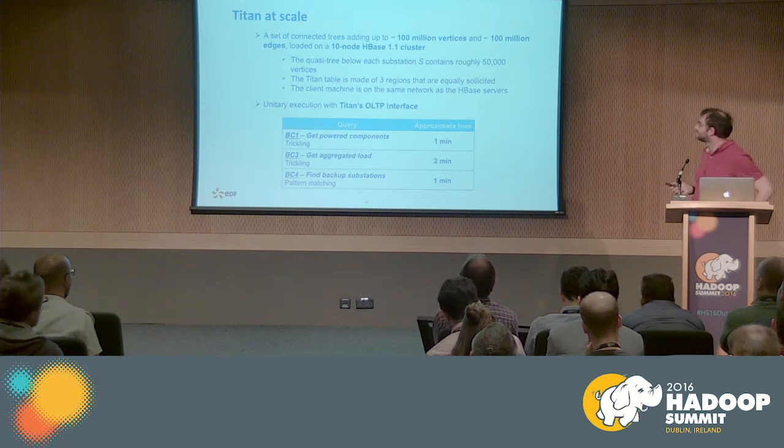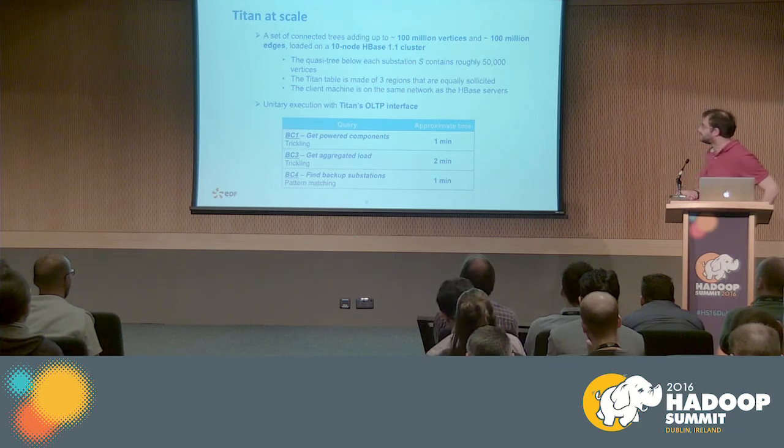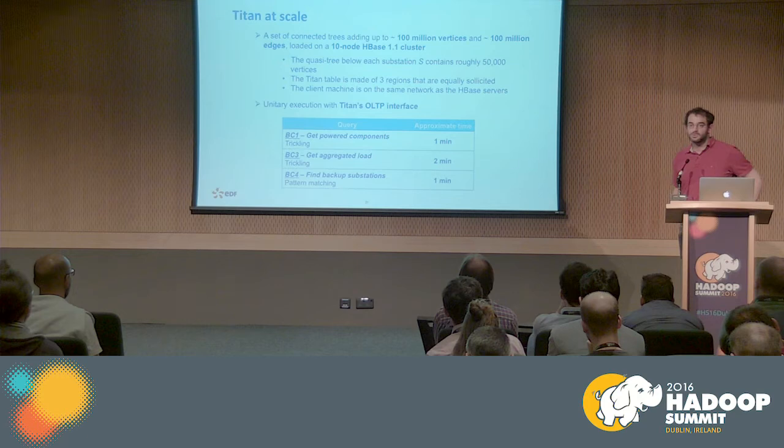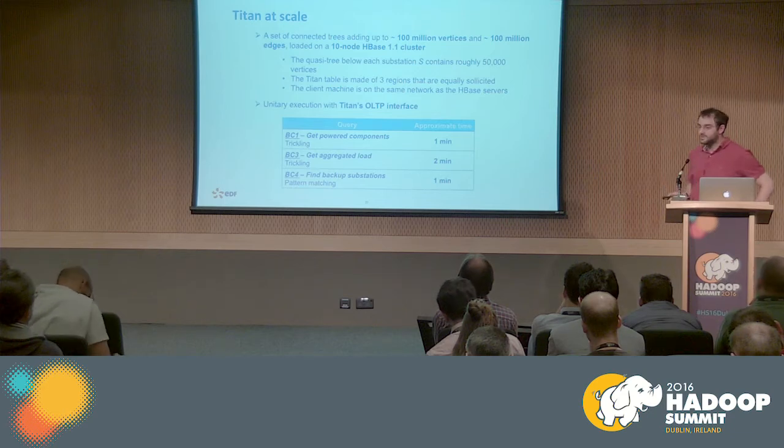Just for the anecdote, we have roughly 50,000 pieces of equipment under each source, as Guillaume explained before. And for information, the resulting Titan table is made of only 3 regions, and the queries there are equally distributed, which means Titan's data model is quite efficient regarding HBase-based storage. And we measured the unit execution times. It's a very cheap benchmark.